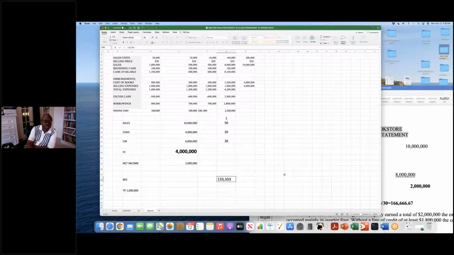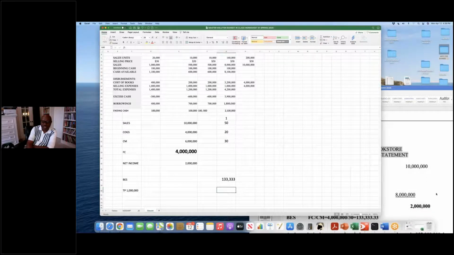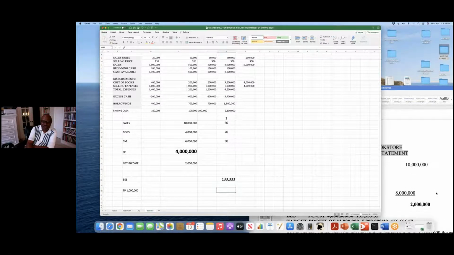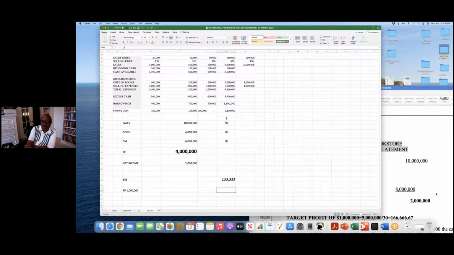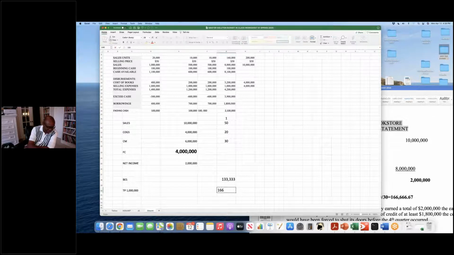So we'll just make it 133,333. And how many do you need to sell to make a profit of $1 million? 166,666.67. Any questions? Can everybody do that?